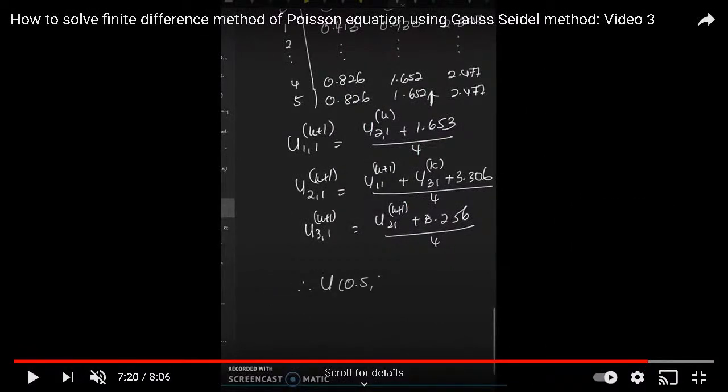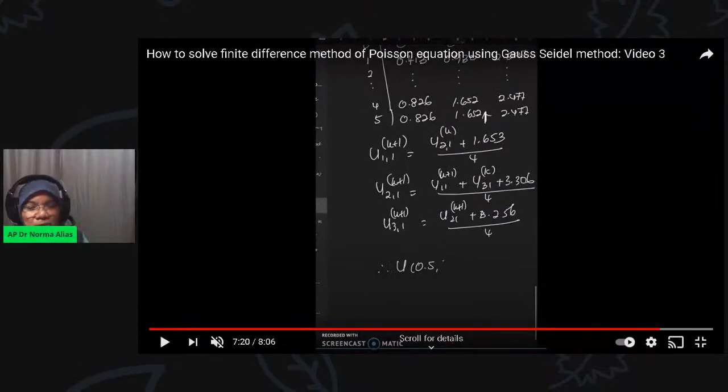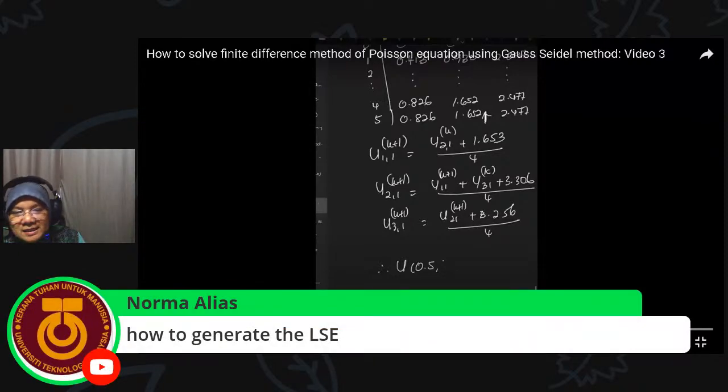Now my question to you all: how to generate the linear system of equations, and then how do you transform the linear system of equations to the matrix form? The tip you need to remember is when you have a boundary condition and initial condition, fit them in the linear system.